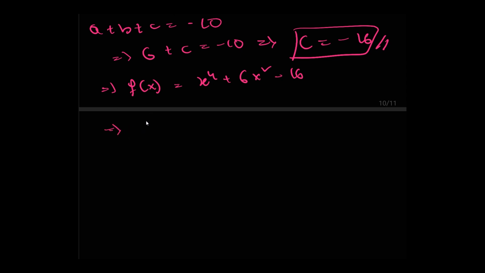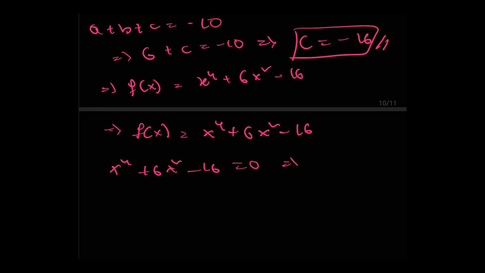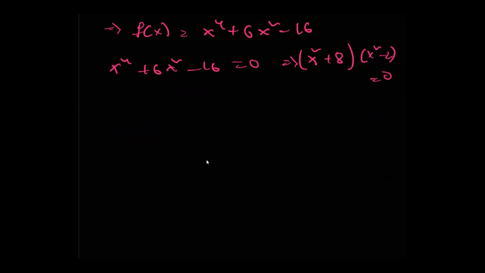From here we can get the roots. f of x equals x power 4 plus 6x square minus 16. x power 4 plus 6x square minus 16 equals 0. That implies this can be written as x square plus 8 into x square minus 2 equals 0. That implies x square equals minus 8, x square equals 2.